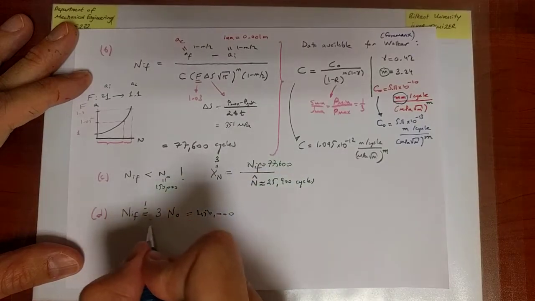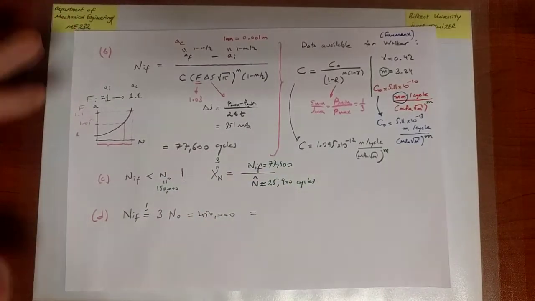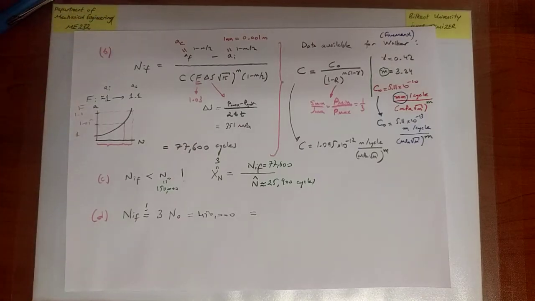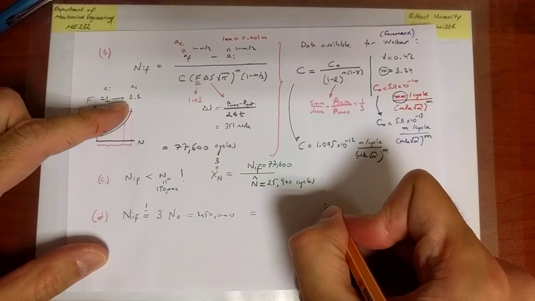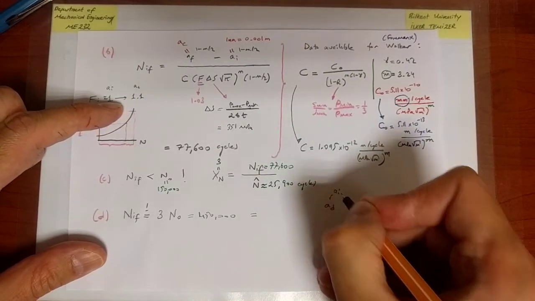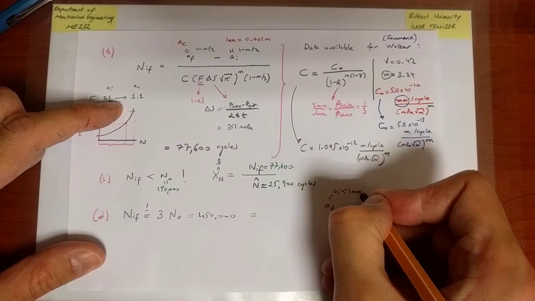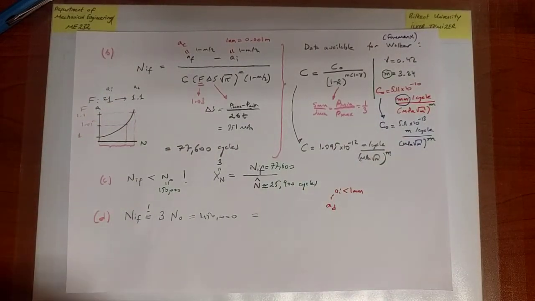So that means that the number of cycles to failure, which is now, within a safety factor, 450,000, is the number of cycles it takes for the crack to grow from that unknown minimum detectable crack size, which is going to be our new initial crack size, which is certainly going to be less than 1 millimeter according to my analysis.